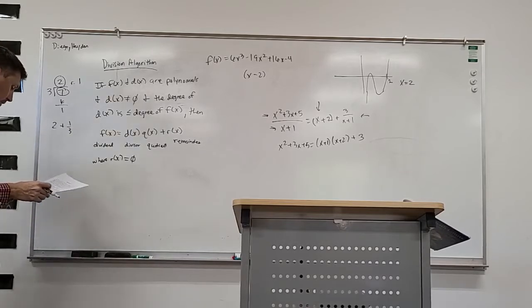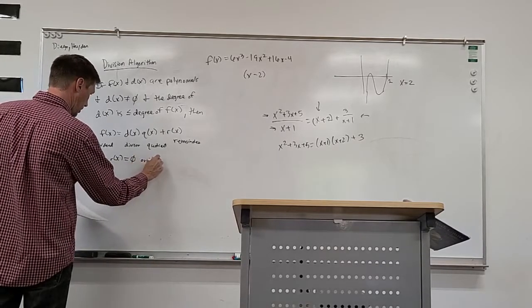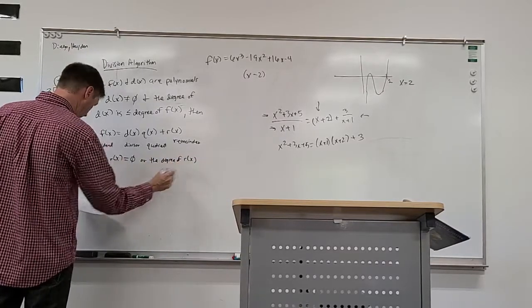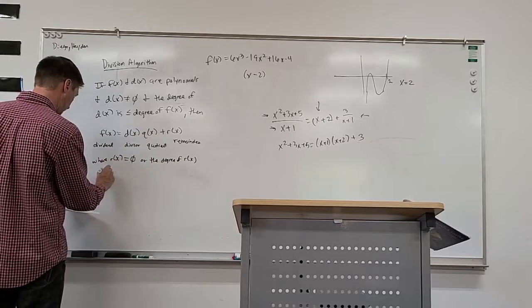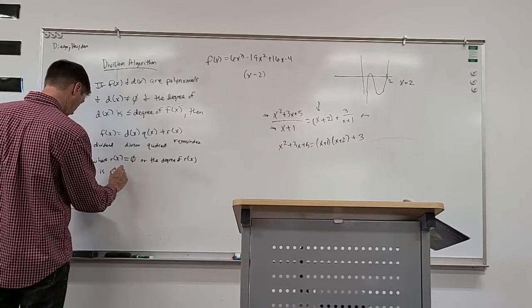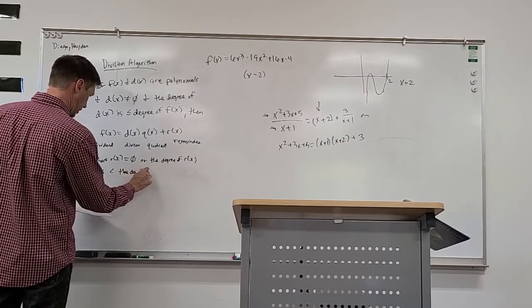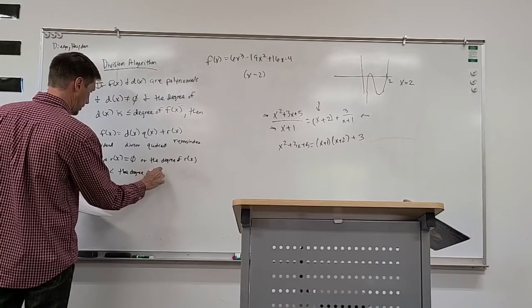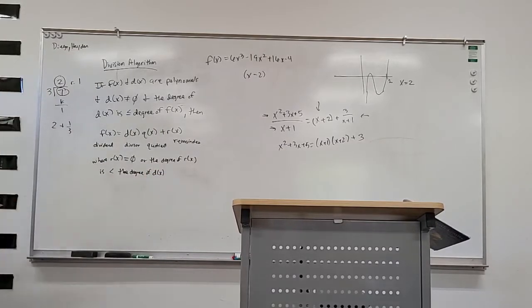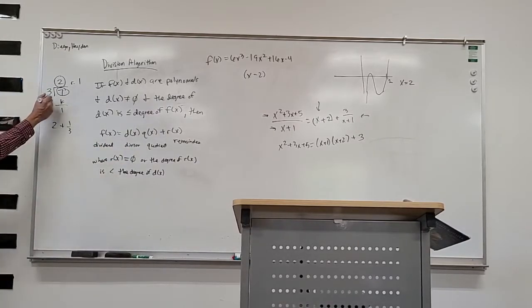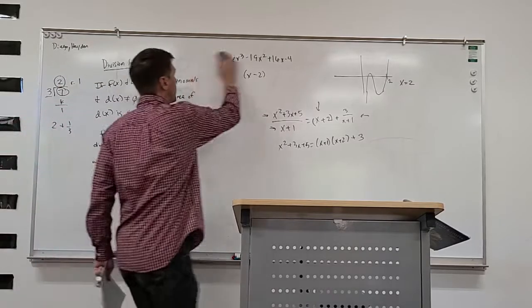Where r of x equals 0, or the degree of r of x, that's the remainder, is less than the degree of d of x, which was our divisor, this number right here. So that's one way you can write the division algorithm.